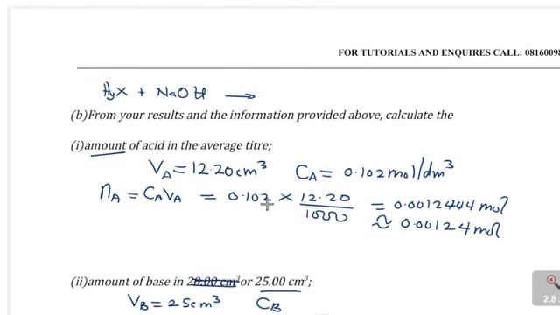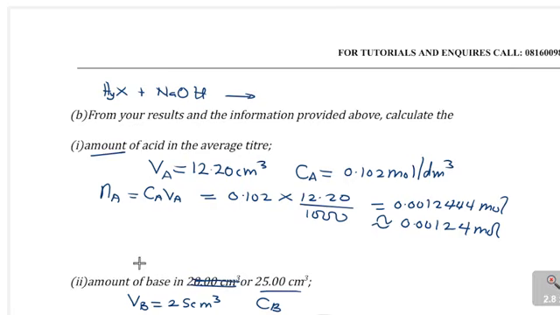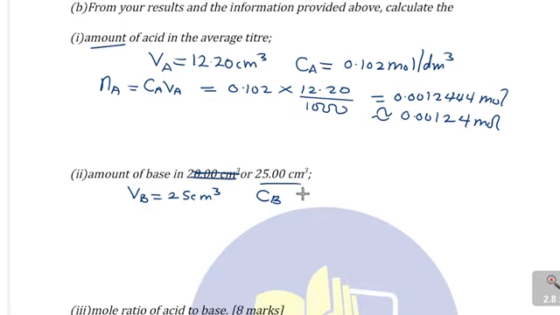Was CB specified in the question? In the question, it was specified that we have 0.025 moles per 250 cm cube. So from here we can calculate the molar concentration. So CB is not given, it can be calculated.